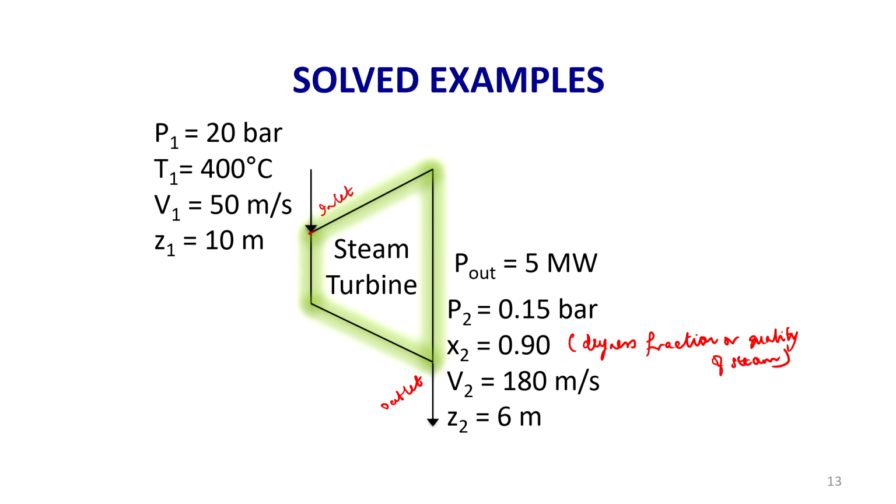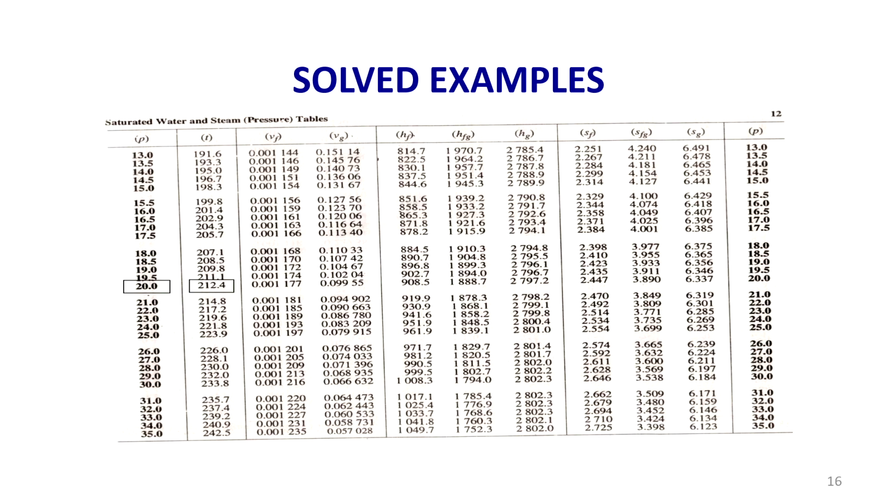For which, this is the saturated water and steam table. This is table number 2. Normally, in table number 1, the temperature will be in the first column. In table number 2, the pressure values will be in the first column, and the corresponding saturation temperature will be in the second column.